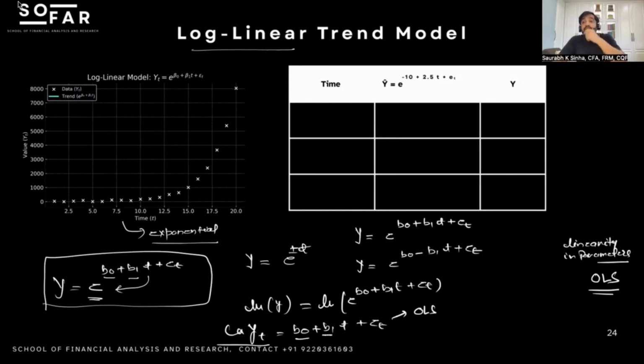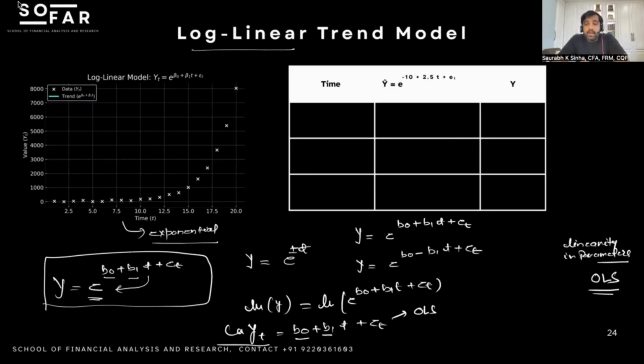Otherwise, you cannot do the differentiation that we did in the last session of regression and find out your beta naught and beta 1. Therefore, it is not called an exponential model. It is called a log linear model because your beta naught and beta 1 were at a power, e to the power something, and that does not respect the property of linearity in parameters. Therefore it has to be dropped and become what?